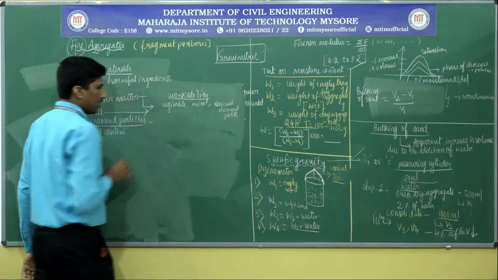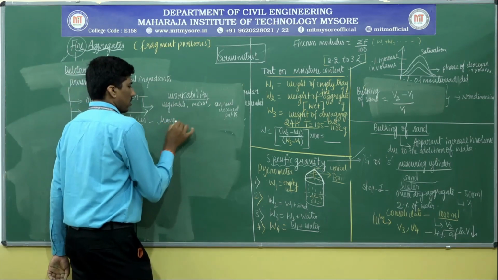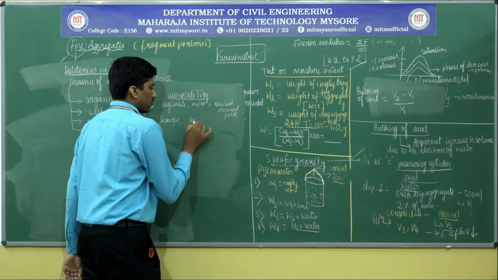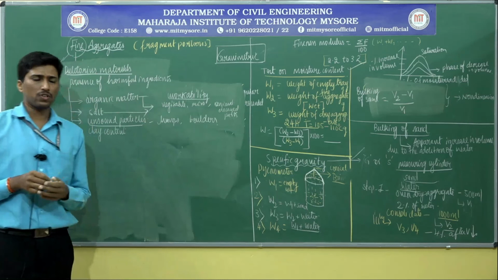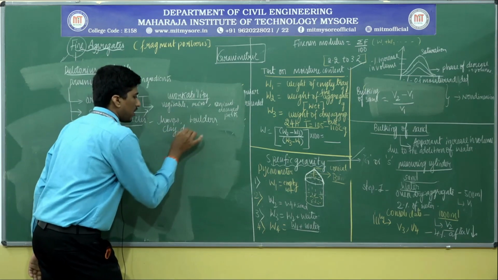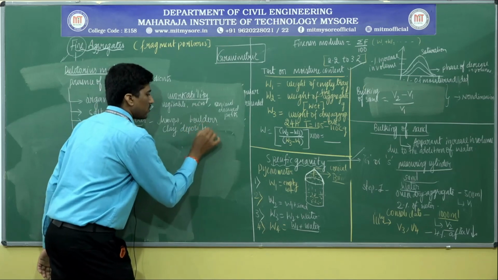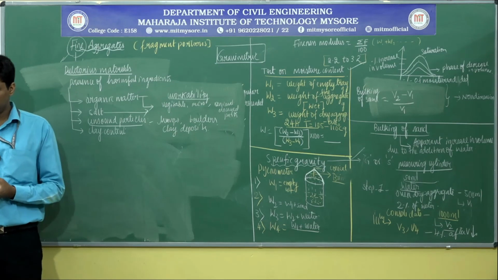Unsound particles are the lumps which are present, maybe small boulders. Along with the small boulders, we also have irregular clay deposits. These are called unsound particles.